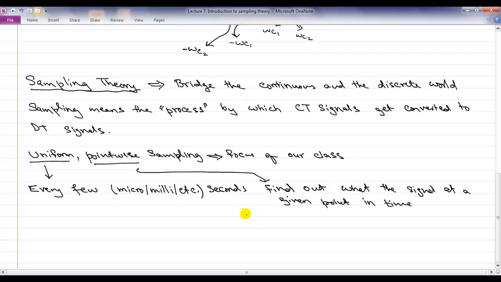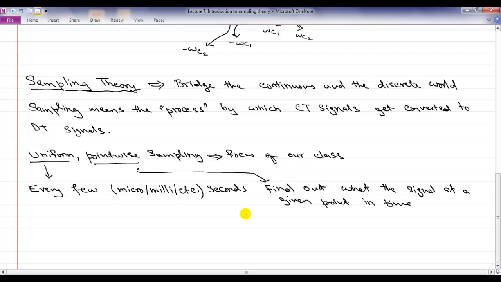So pictorially, what uniform pointwise sampling does, and going forward, I won't make the distinction between uniform pointwise sampling and sampling. I'll just call it sampling. Okay? Whatever is the signal, it is a mechanism. How you do it in hardware, we are not going to talk too much about that. But what it does is it goes to the signal every few milli or microseconds and asks what is the value of that signal.